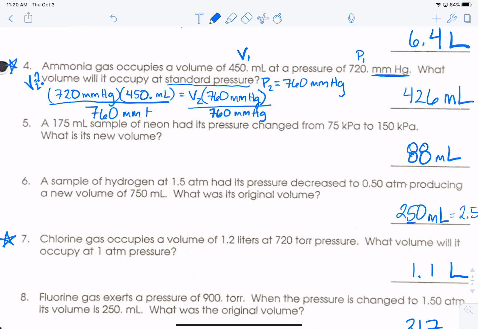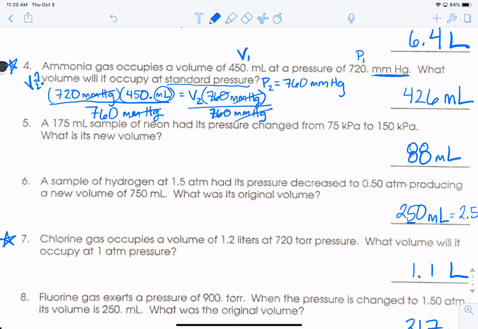And before I even do the math, I need to stop real quick. Let's make sure I can cancel everything out. So 760 cancels with 760. Millimeters mercury cancels with millimeters mercury. On the left-hand side here, what two things can cancel out there? Millimeters mercury, good.